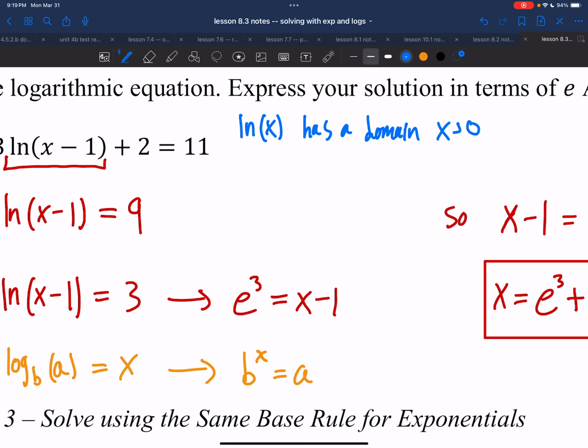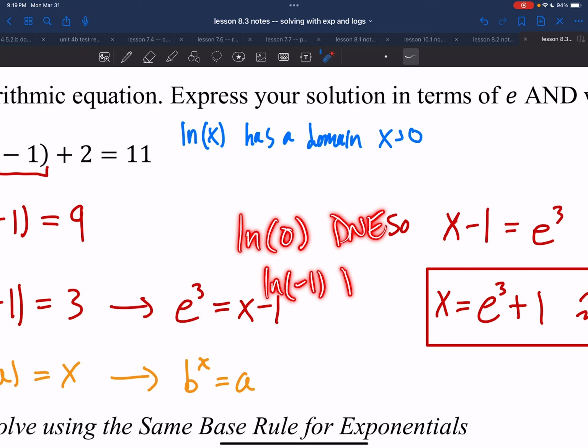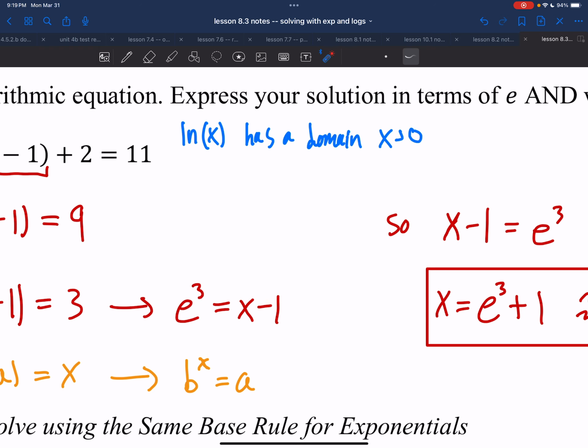And this is because, right, if you think about the graph of natural log, we have an asymptote at 0, and it goes like this. Yeah? And then there's nothing in here. So you can't, if you said natural log of 0, that doesn't exist. If you said natural log of -1, that does not exist. So you can't get an argument that's negative or 0. So if it's 0 or less, bad, right?